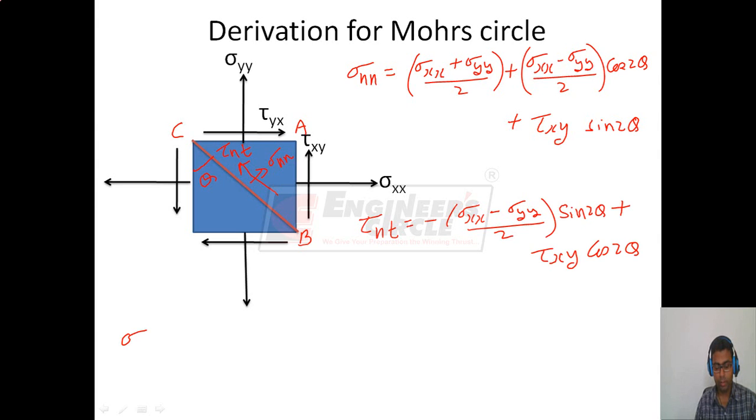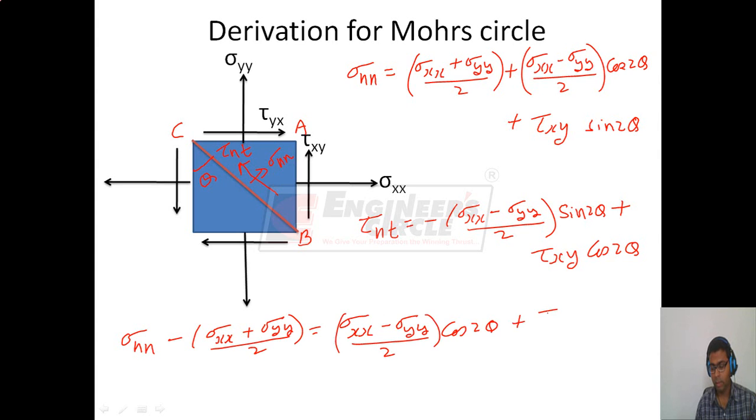From the first equation, we can write sigma nn minus sigma xx plus sigma yy divided by 2 equal to sigma xx minus sigma yy by 2 cos 2 theta plus tau xy sin 2 theta, squaring the entire equation. Similarly, squaring the tau nt equation. Now we can add both these squared equations.